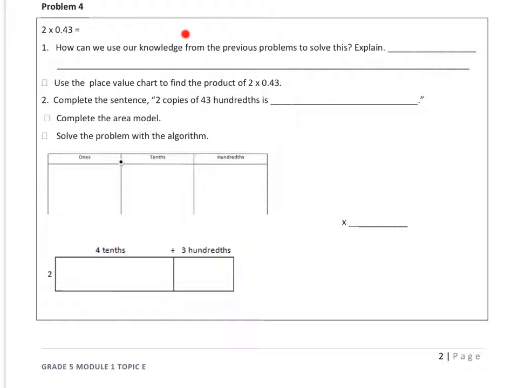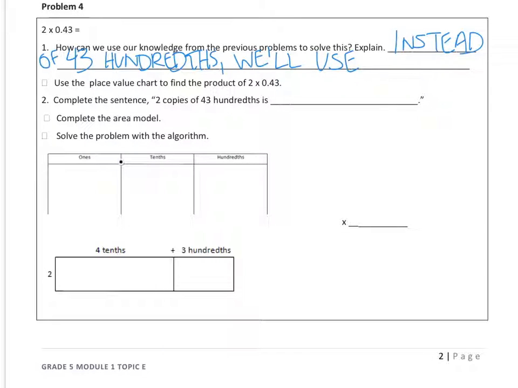So how can we use our knowledge from the previous problem to solve this? Well, remember how 12 tenths was the same as 1 and 2 tenths? So instead of drawing 43 hundredths, that would take forever. So instead of 43 hundredths, we'll use 4 tenths and 3 hundredths.